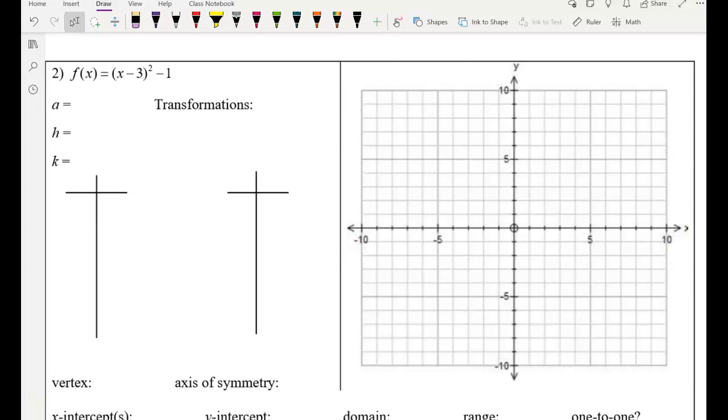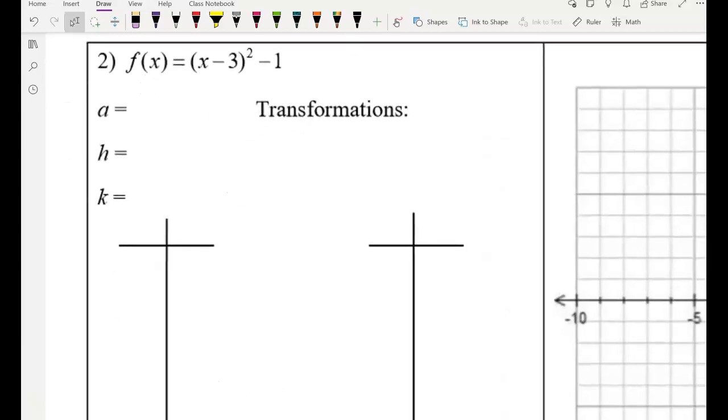f of x equals the quantity x minus 3 squared and then minus 1 at the end. So we don't see a number in front of the parentheses, so that's always going to be 1. So a is 1, your h, okay, so let me write this down. Remember, f of x and y is the same, and the a, h, and k form, normally we just call this h and k form.